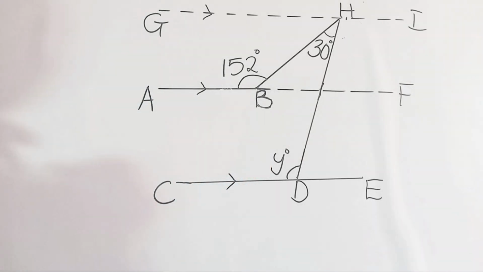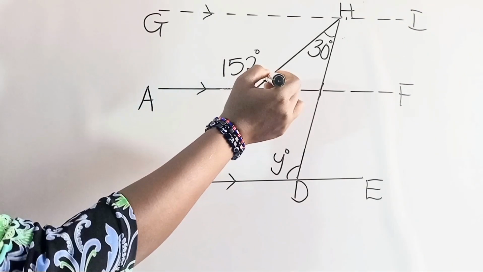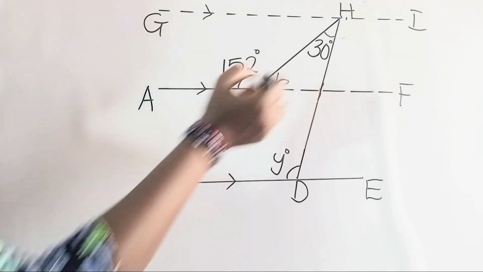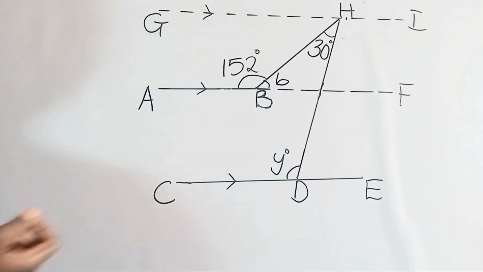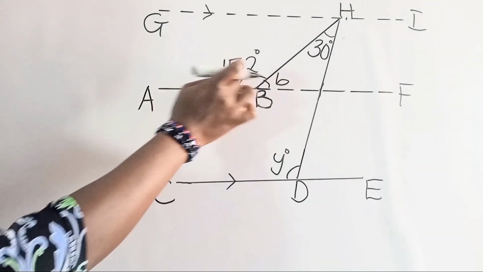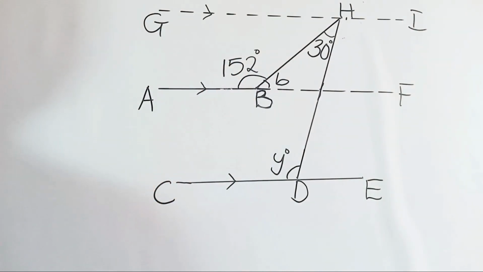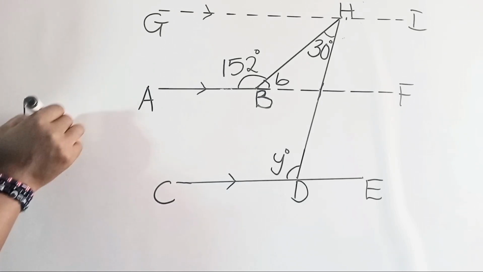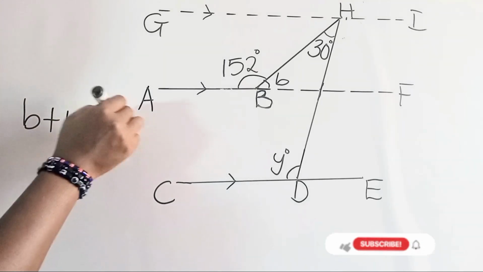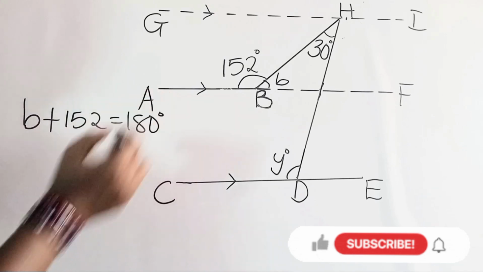The first angle I'm going to solve for is this angle here. Let me call it angle B. To solve for angle B, I am going to use the sum of angles in a straight line by subtracting 152 from 180. So B plus 152 equals 180 degrees.